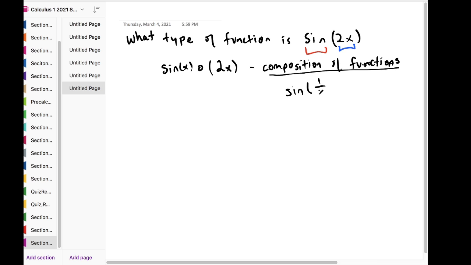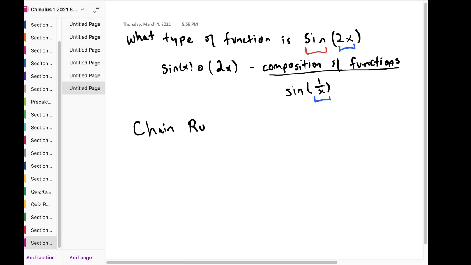There is no, at least not that I know of, nice reciprocal formula for sine and cosine. But when finding derivatives, it turns out we don't need such a formula for angles like reciprocals. So we can just come up with a formula that will deal with composition functions entirely. So this is going to be called the chain rule.